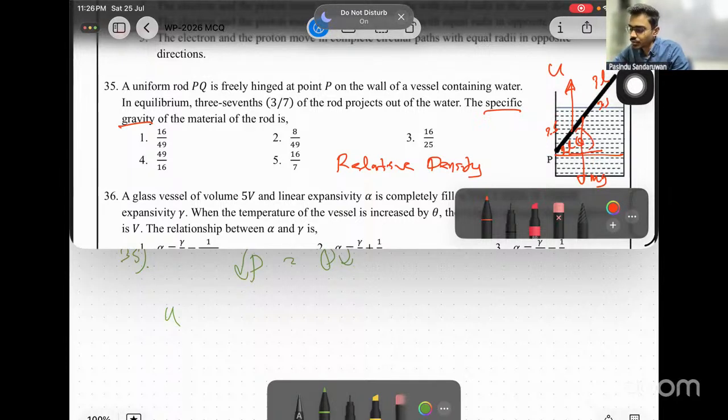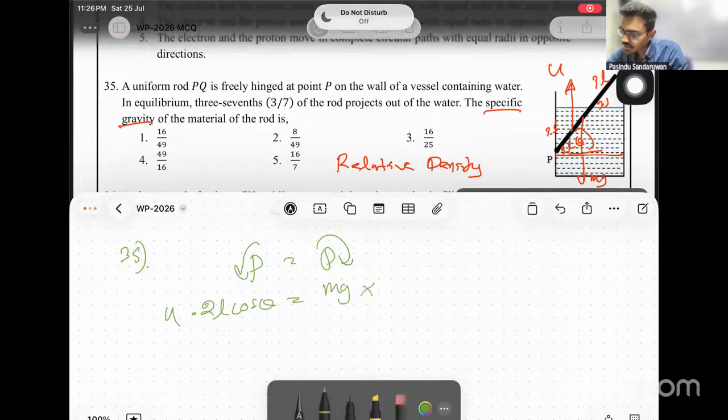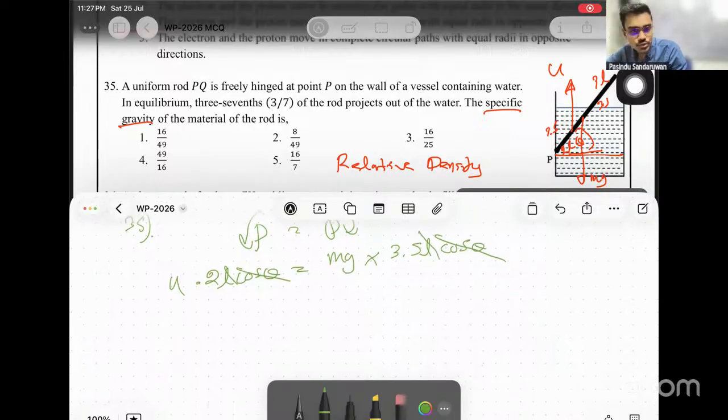Then by U, the perpendicular distance is 2L cos theta, and the rightward moment is by mg, perpendicular distance 3.5L cos theta. Now cos theta cancels off, L cancels off. Then we know U equals V rho g.